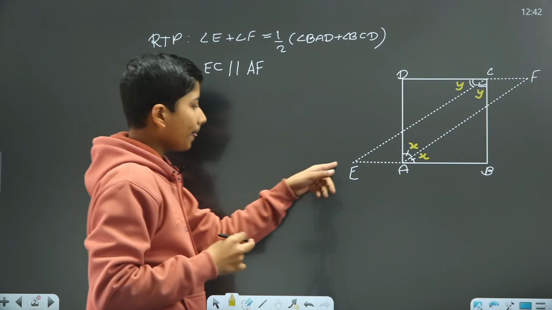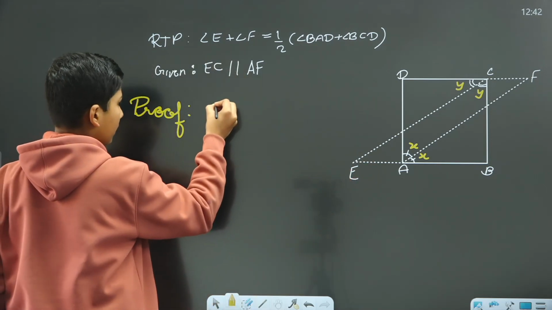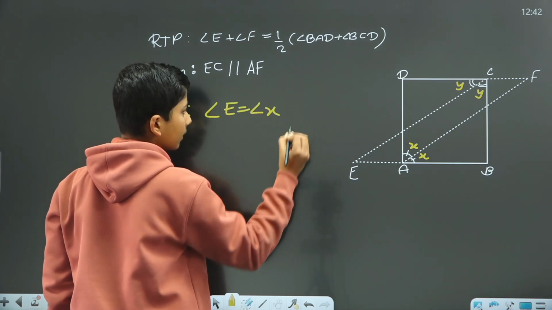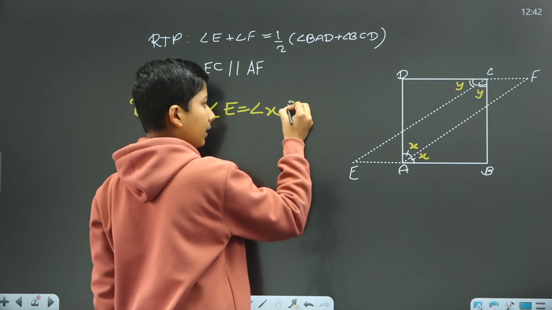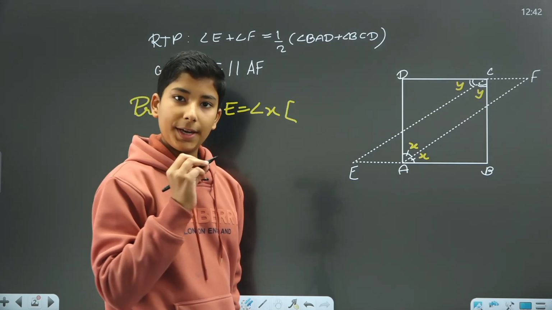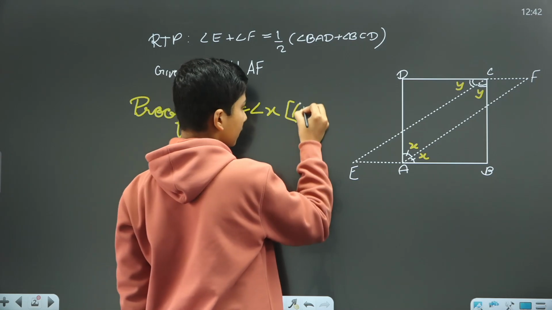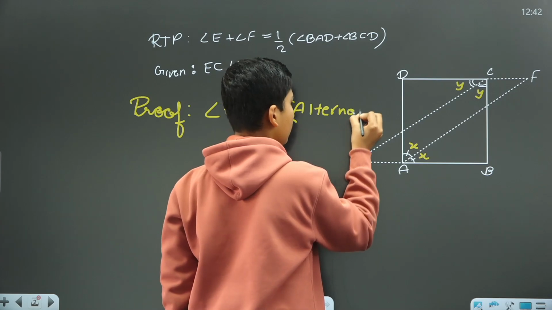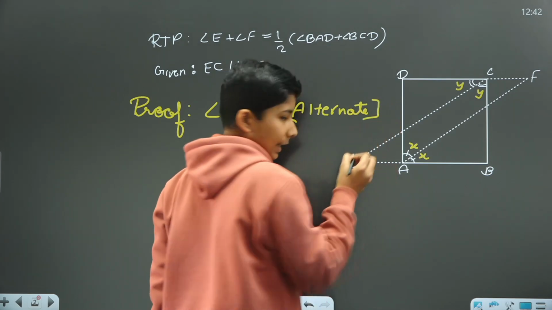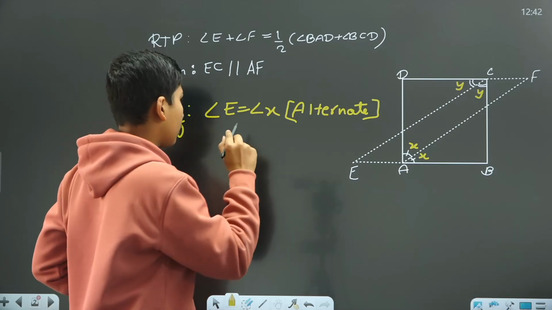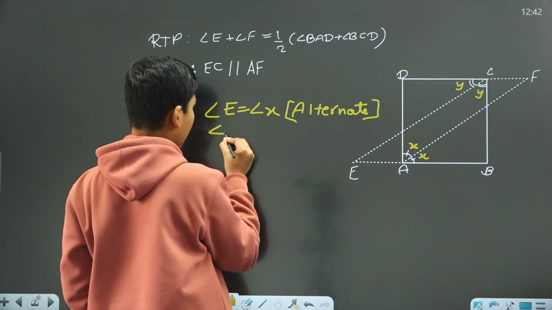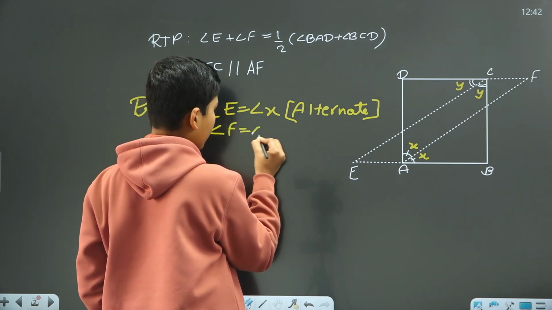So angle E equal to angle X. Y, in bracket you will write alternate interior angles. I'll just write in short form. Okay, now it is alternate, and in the same way angle F equal to angle Y.